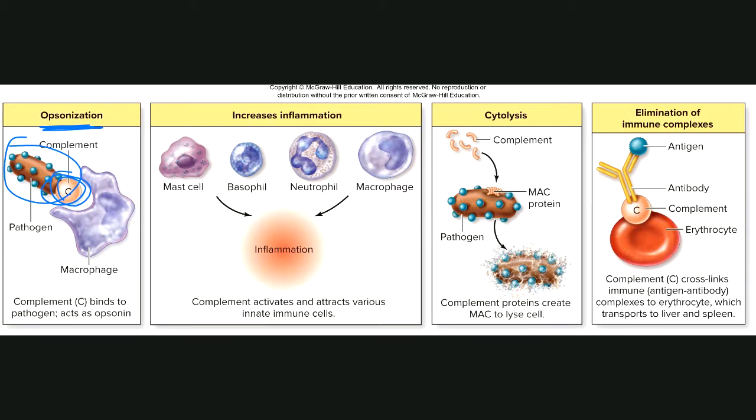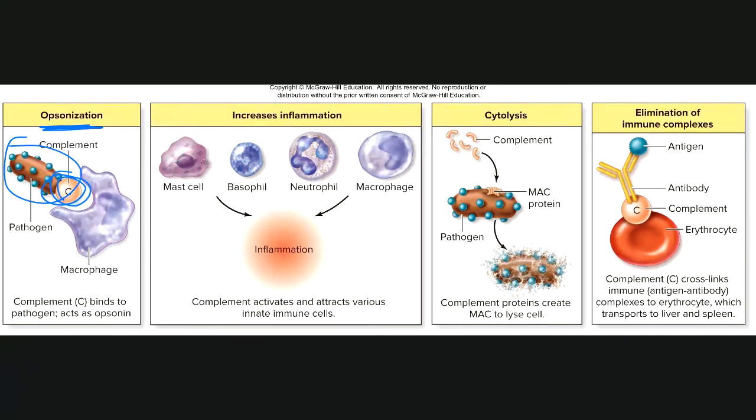The complement system can arrange itself on the surface of a bacterium and form a MAC protein, which stands for membrane attack complex. When this protein assembles on the cell membrane, it causes the membrane to fall apart. The membrane no longer holds together, and the pathogen dies.